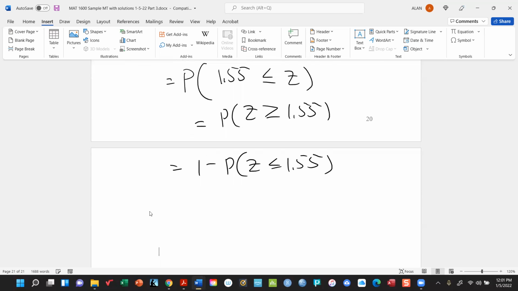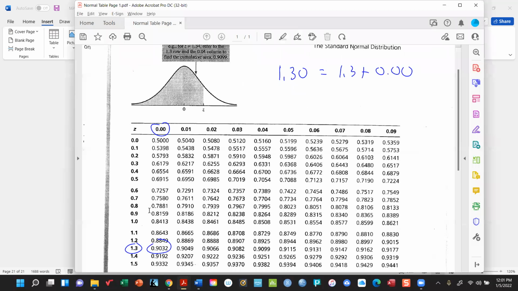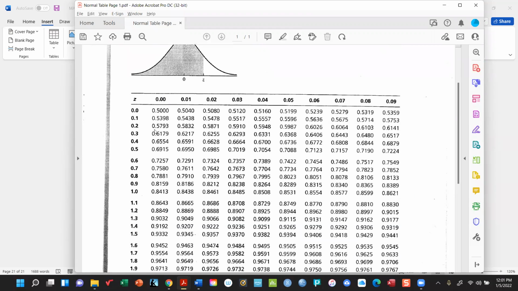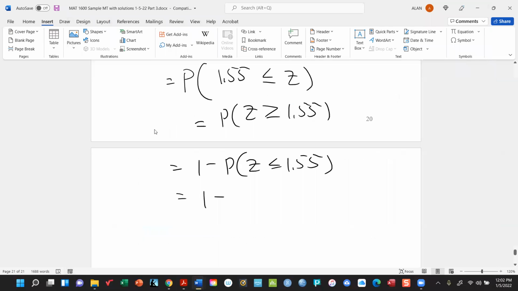We're going to subtract that from the probability that z is less than or equal to 1.55 because we need to get that from the table. And so that would be 0.9394. And the actual answer will be 0.0606.